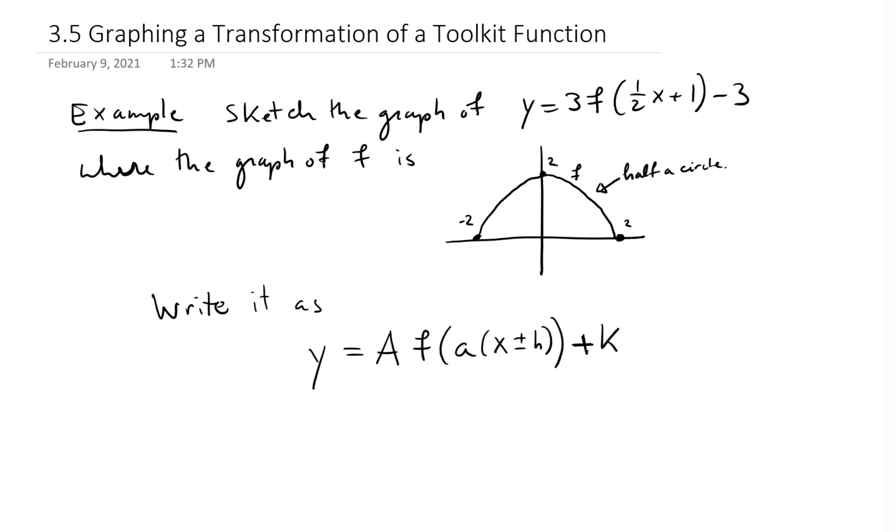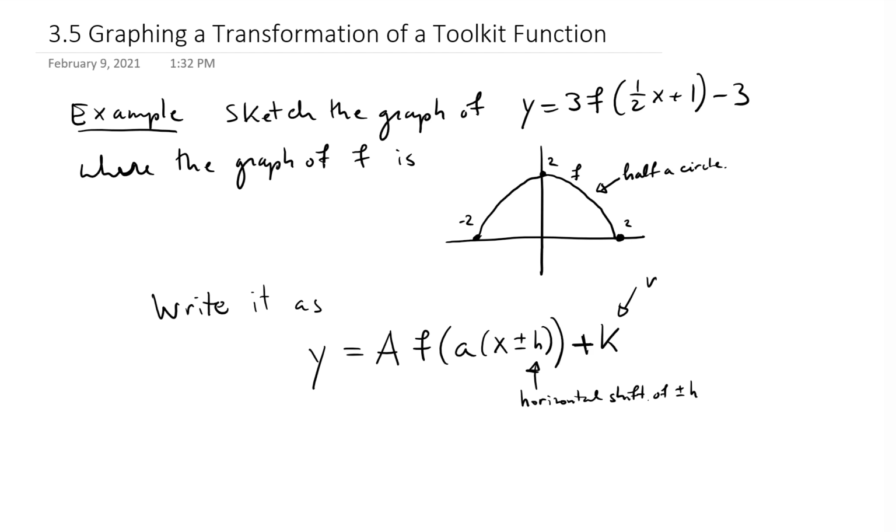The x plus or minus h gives us a horizontal shift of plus or minus h. If it's minus h, it's h to the right if h is positive, and if it's x plus h, where h is positive, it's going to be to the left.